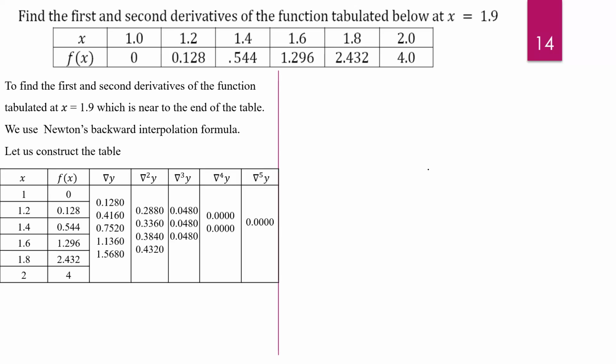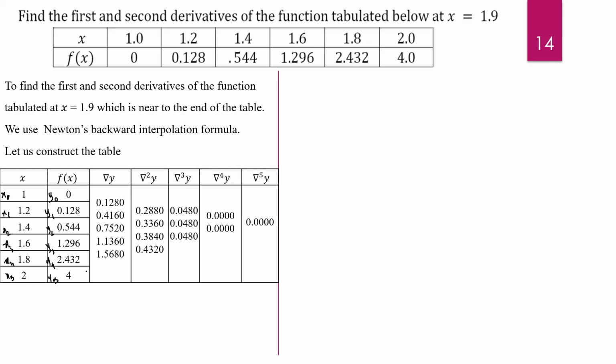First we construct the table. That is, x is given, and their corresponding f of x. f of x means y. We prepare the table. This first value is x0, x1, x2, x3, x4, and x5, and their corresponding values y0, y1, y2, y3, y4, and y5.